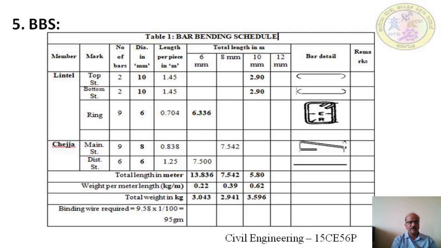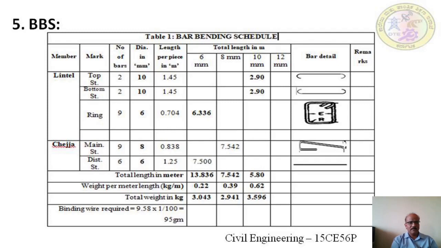For 6 mm it is 0.22 kg per meter, for 8 mm it is 0.39 kg, and for 10 mm it is 0.62 kg.